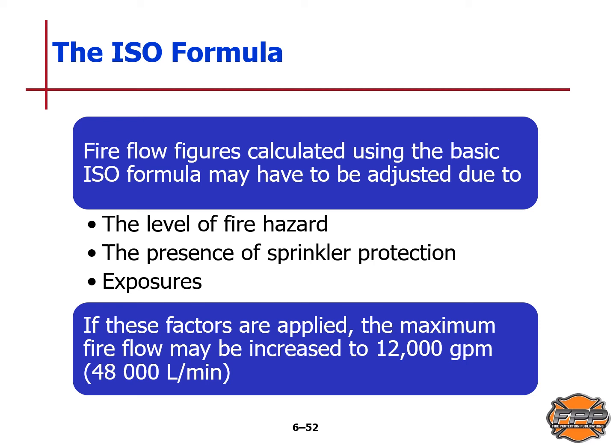So fire flow figures calculated using the basic ISO formula, which is used during pre-planning, may have to be adjusted due to the level of fire hazard, the presence of sprinkler protection, and exposures. If these factors are applied, the maximum fire flow may be increased to 12,000 gallons per minute or 48,000 liters per minute.